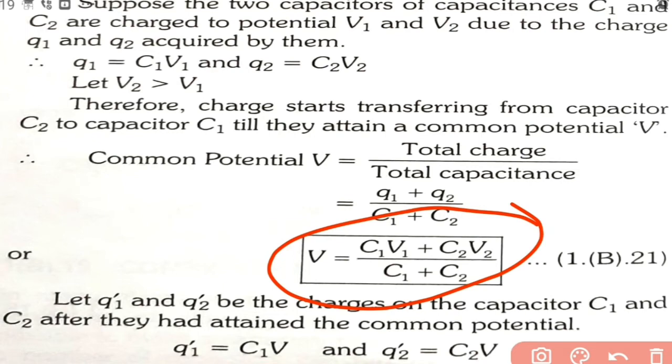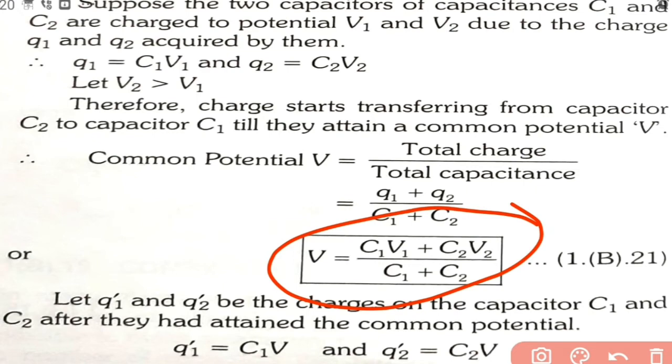Q1 dash and Q2 dash will be the charges on the capacitors after sharing, or after attaining common potential. So Q1 dash will be equal to C1 V and Q2 dash will be equal to C2 V. And Q1 plus Q2 will be equal to Q1 dash plus Q2 dash, because total charge before sharing will be equal to total charge after sharing. That is to be maintained, the conservation of charge.